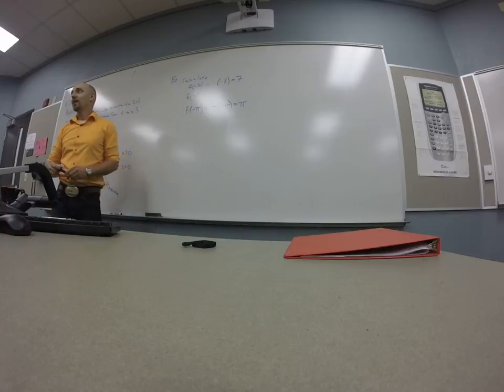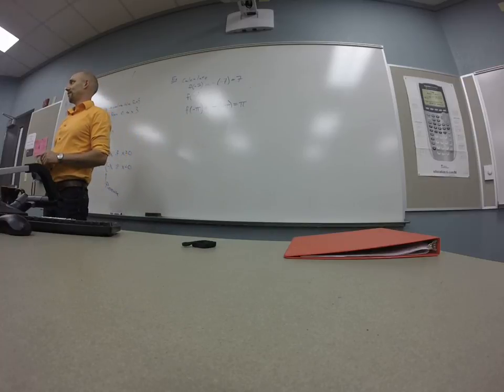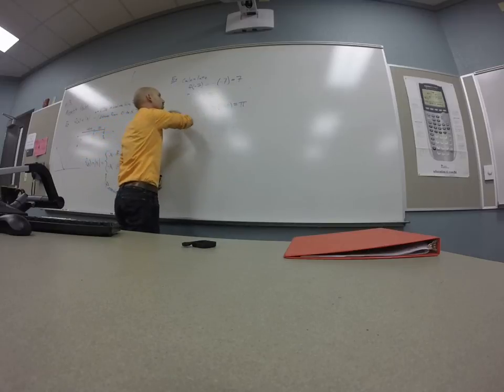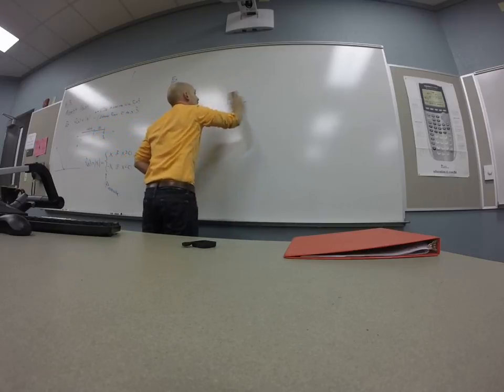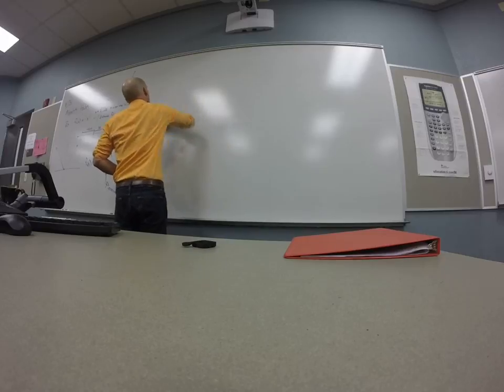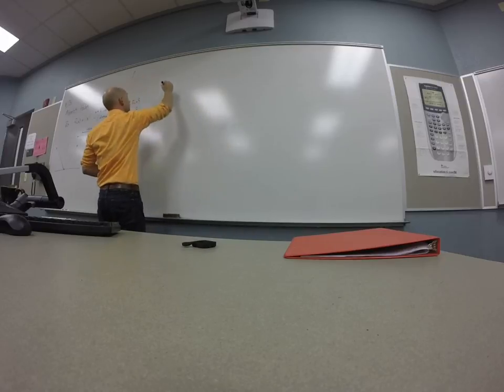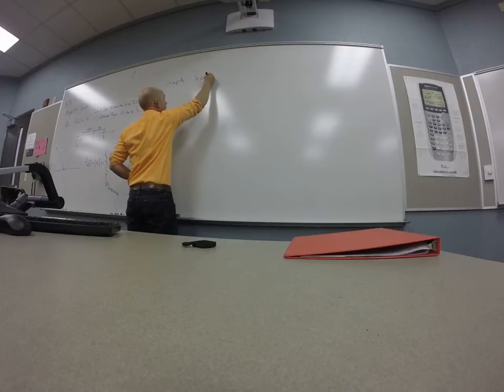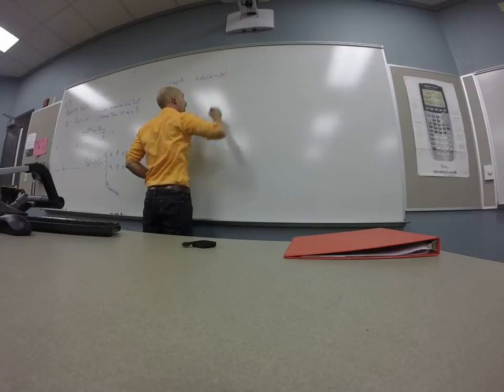Okay. Anything else about absolute values? This is just the absolute value function, right? So if I want to draw a different absolute value function, for instance, let's say we were asked to graph h of x is minus absolute value x.